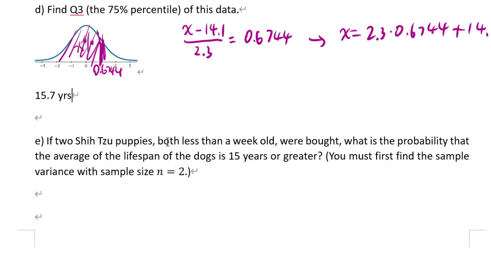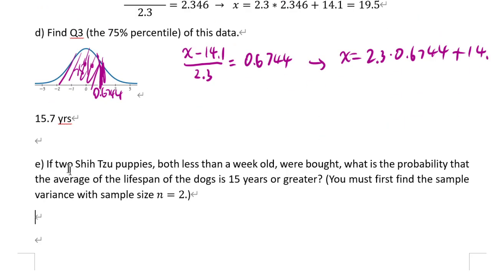If two Shih Tzu puppies, both less than a week old, were bought, what is the probability that the average lifespan of the dogs is 15 years or greater? You must first find the sample variance with sample size n equals 2. This is like taking a sample size of 2, and if the original is a normal distribution, then the average of 2 samples is again normally distributed with the same mean, but the sample variance will have to be divided by the 2 as well.